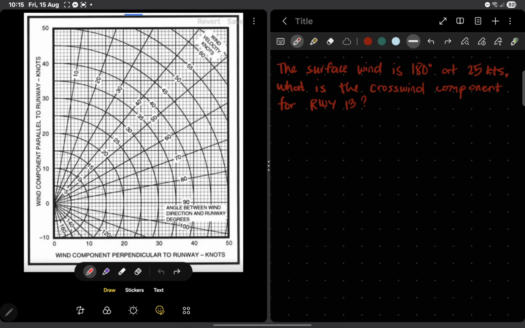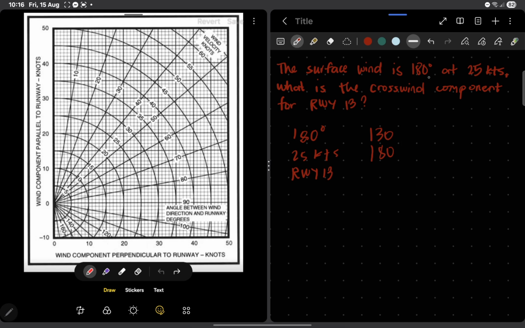So first you need to identify what is given. The surface wind is at 180 degrees at 25 knots. What is the crosswind component for runway 13? First, you need to get the difference in the angle. Since you have runway 13, that would be 130, and you have 180 degrees.